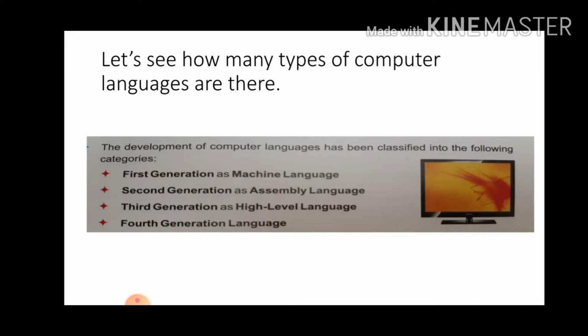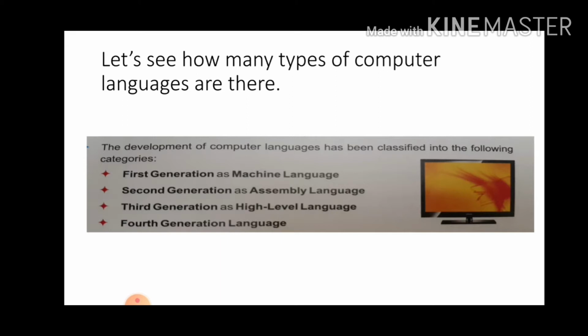Here we can see four. The first is machine language, the first generation, and the second generation is assembly language, the third generation is high level language, and the fourth generation is fourth generation language. So we have four types. We'll get into each topic in depth.